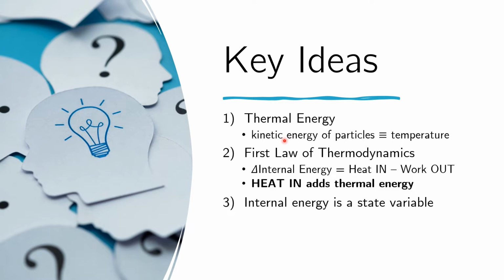The sum of all those energies, both kinetic and potential, is what we call the internal energy of the system. Now, internal energy is known to be a state variable. That means that it depends only on two other state variables, any two of temperature, volume, and pressure. So in this problem, we're dealing with pressure and volume because it's a PV diagram.